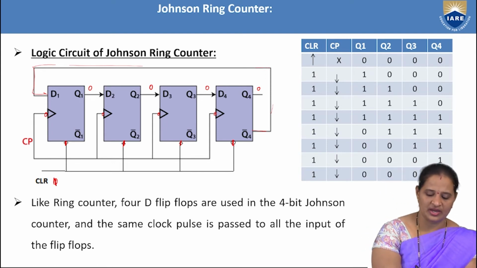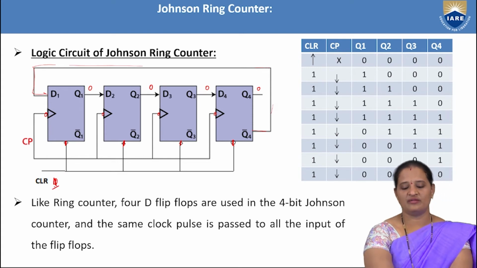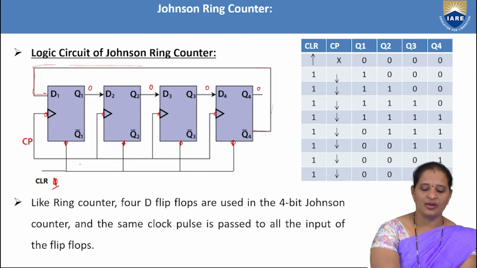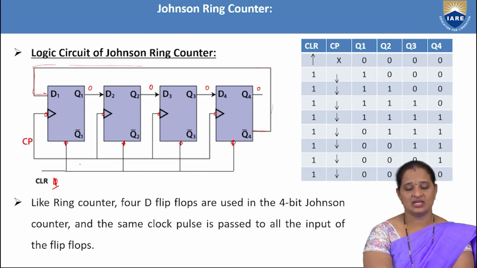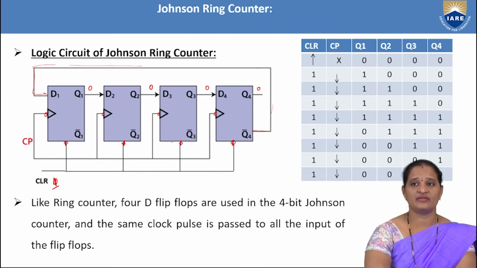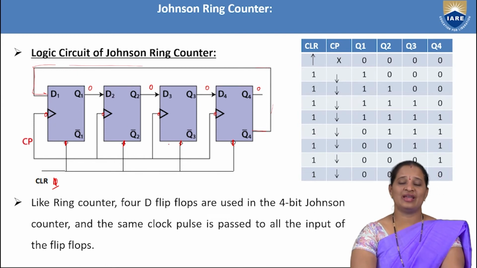So if the clear input is 1, then all the flip-flops will be cleared. When the clear input is 0, the operation of this circuit will depend on the clock pulse, and we are considering all the flip-flops as negative edge triggered.